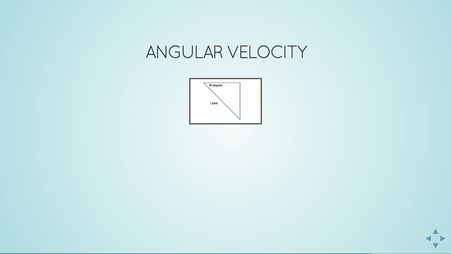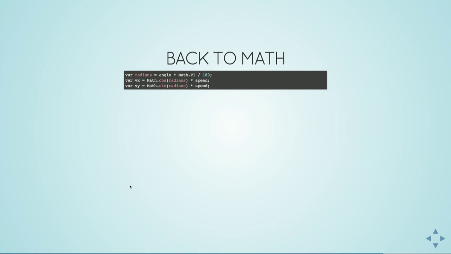So I have 45 degrees. I use cosine, which is adjacent, which would be the Vx, over the hypotenuse, which is 1 pixel, which will get me my Vx speed. And then for Vy, I just use sine because opposite over hypotenuse gives me my Vy leg, which is vertical movement. And that's why I use sine for Vy.